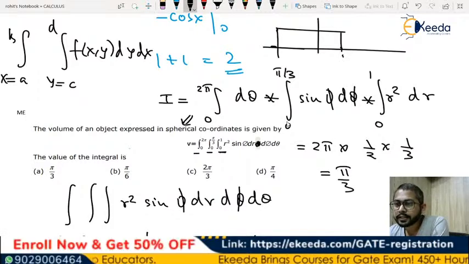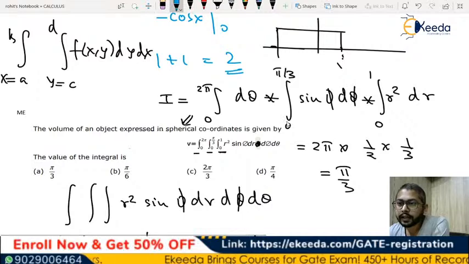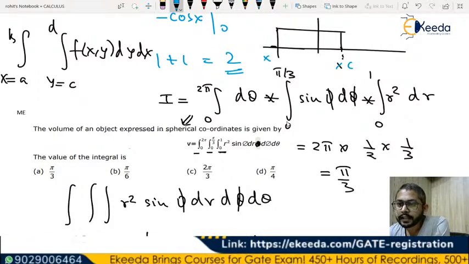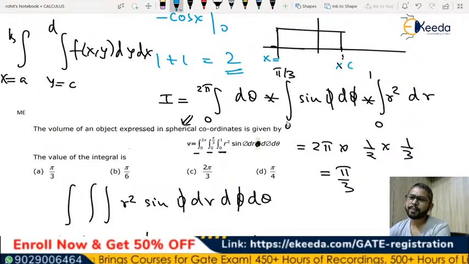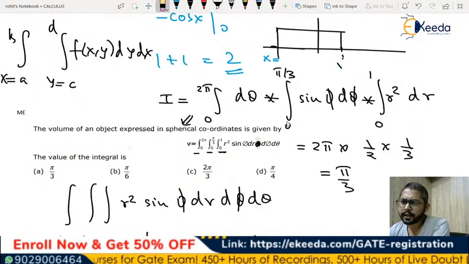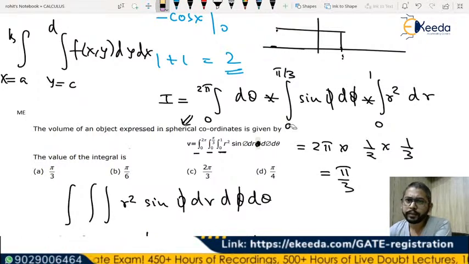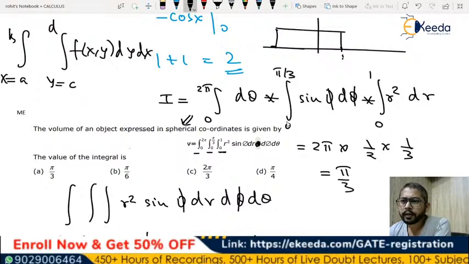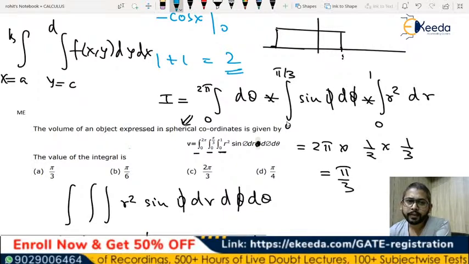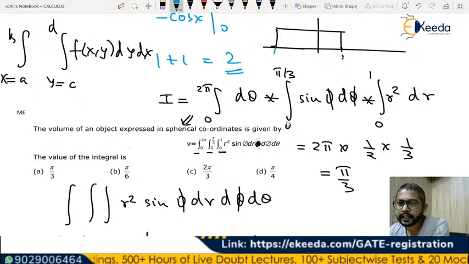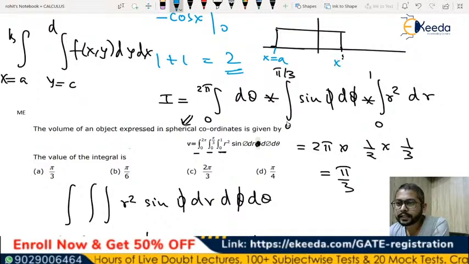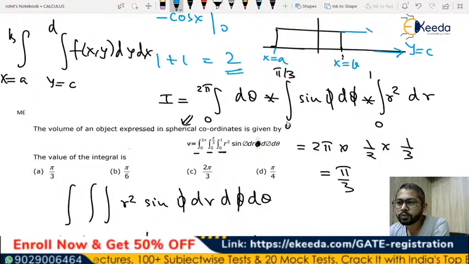Like this is, let's say, x equal to c. Maybe I am writing something else, but just be careful about the limits. So the limits for x are a and b. This is x equal to a, this is x equal to b, this is y equal to c, and this is y equal to d.